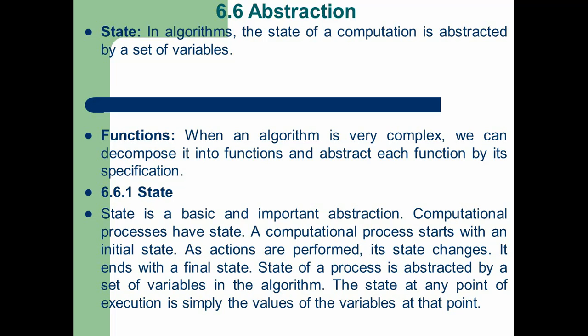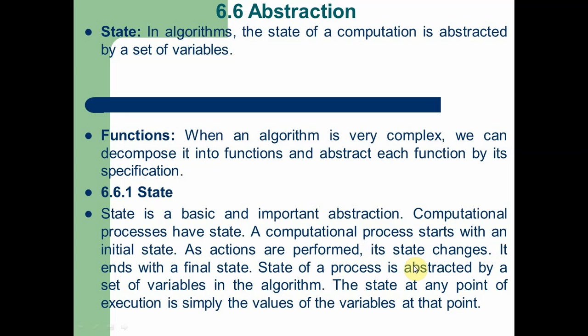State is a basic and important abstraction. Computational processes have state. A computational process starts with an initial state. As actions are performed, the state may change. For example, to understand this state, we give an example called the traffic pole. On the roadside, we can see the traffic pole. The traffic pole will display three different colors: red, orange, and green.